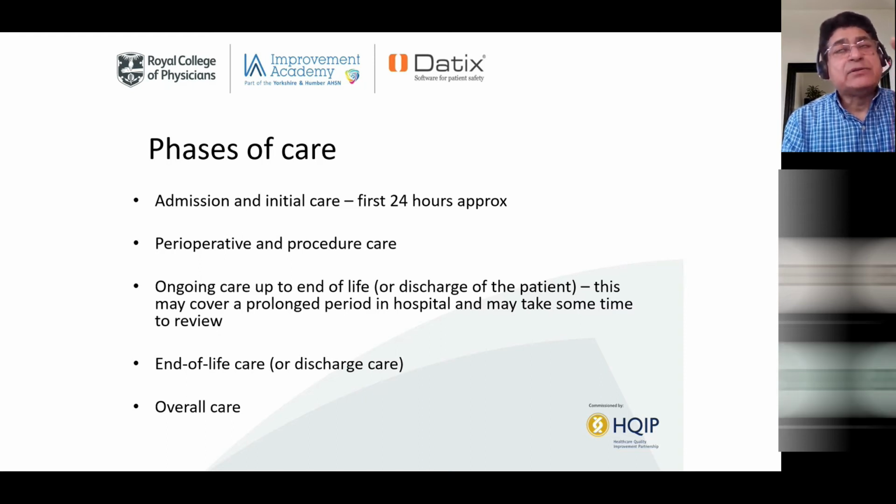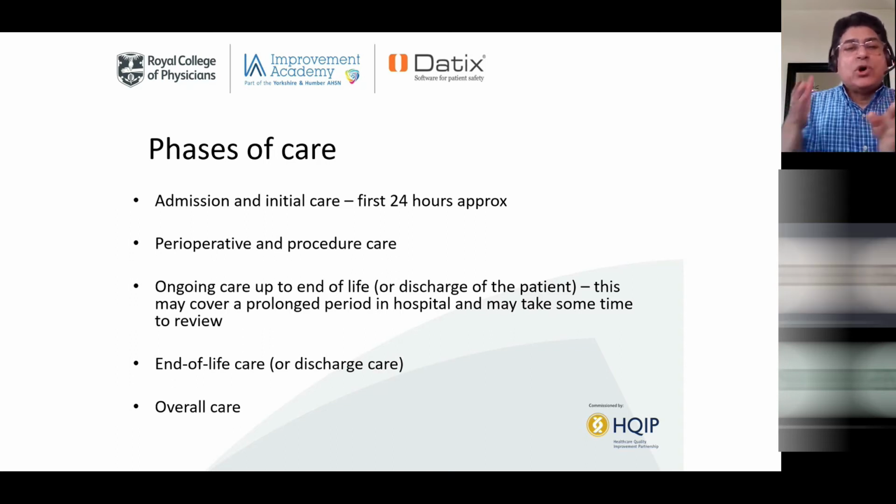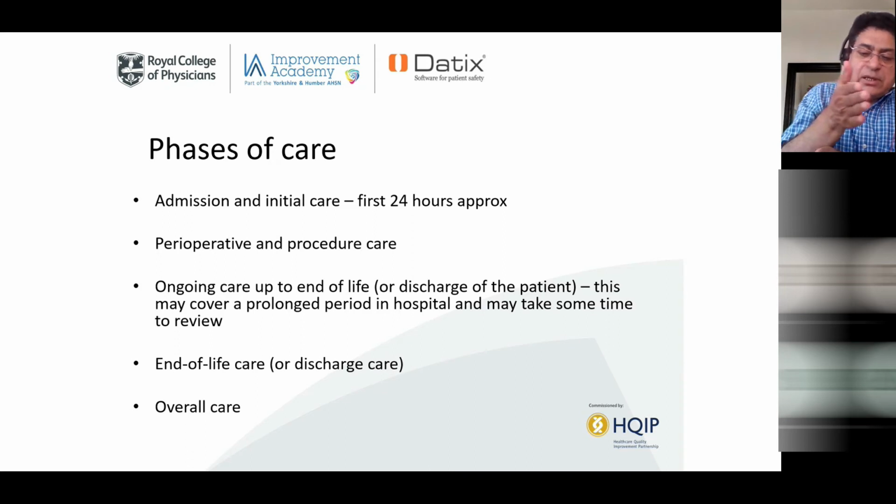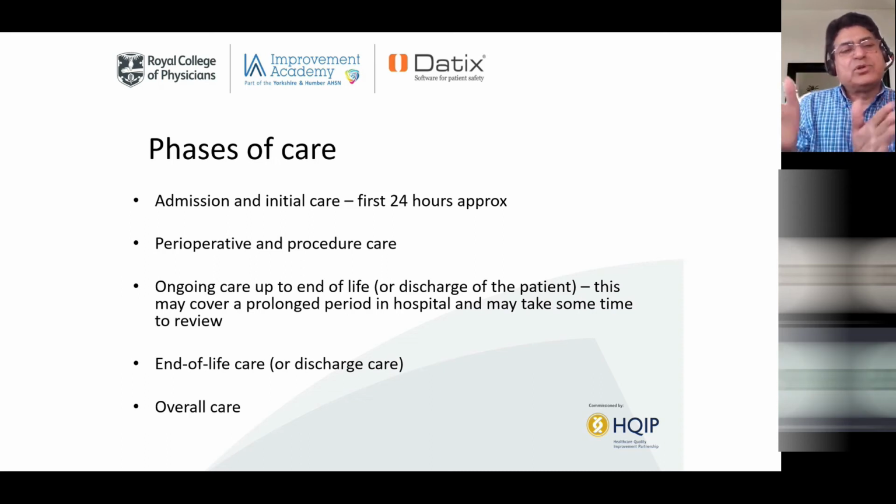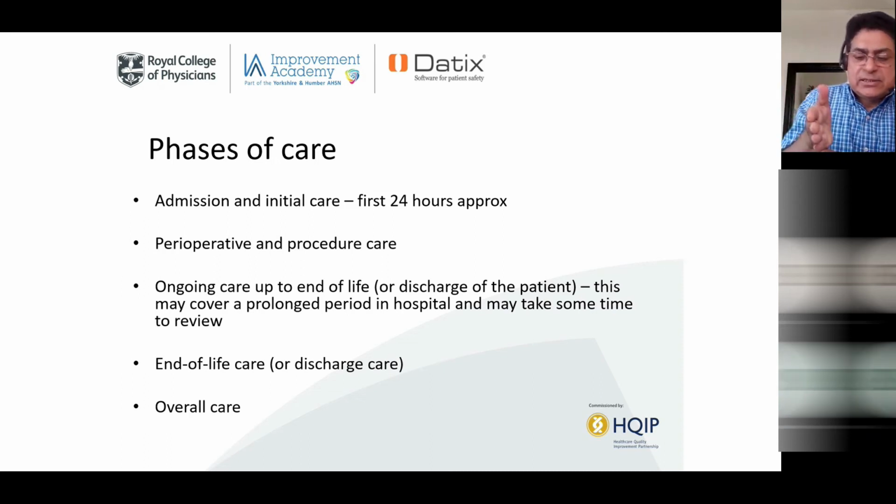The third one is the ongoing care. The ongoing care starts from about 24 hours and goes until the end when the patient dies. It doesn't mean exactly from 24 hours, but somewhere similar: first 24 hours, second phase perioperative, and the third one is the rest of it.